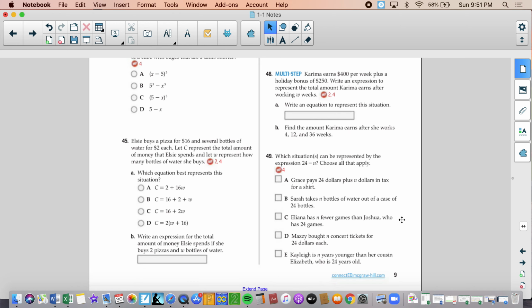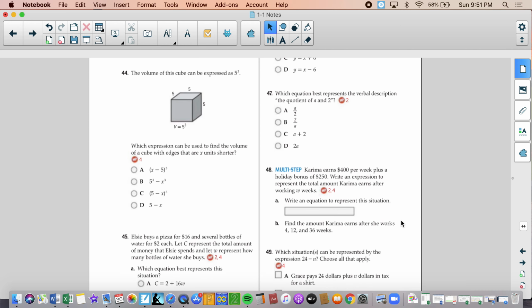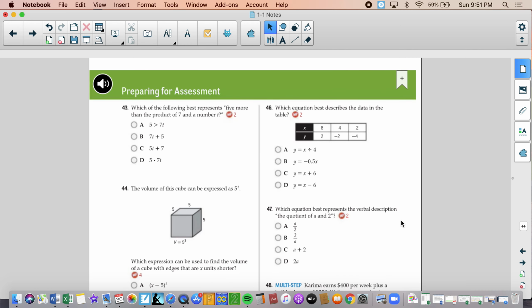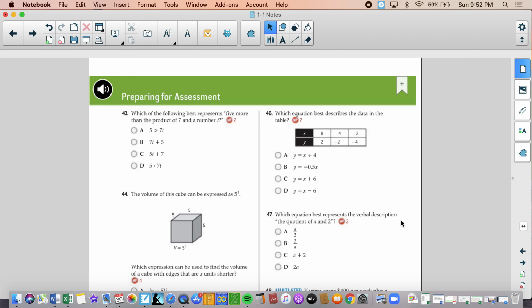Now you don't have to do all of them. You can do a couple. You can look and go, ooh, that one looks challenging, I'm going to try that one. Or you can do none of them. If you're like, this makes my eyes spin, I'm okay with either one you do.